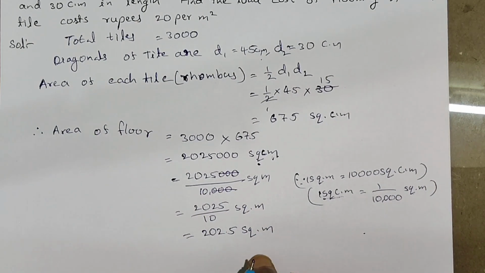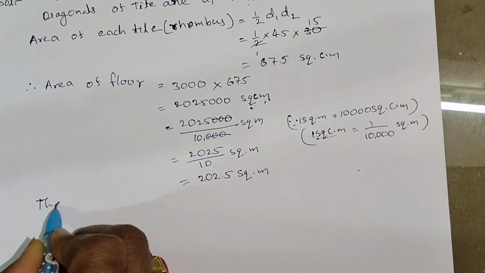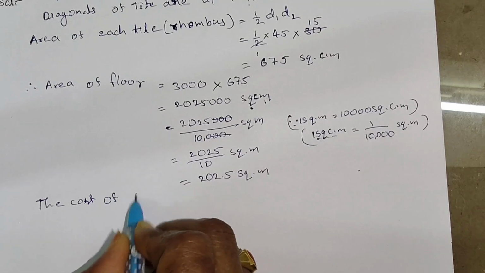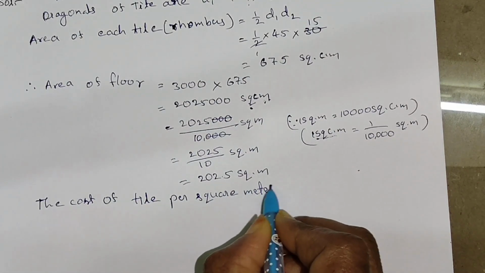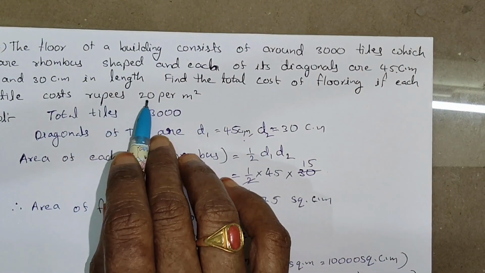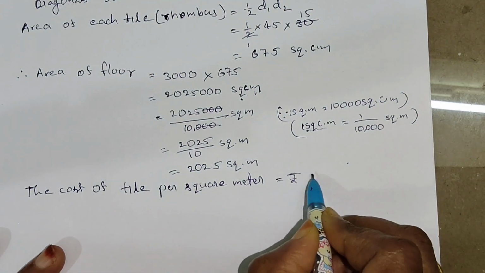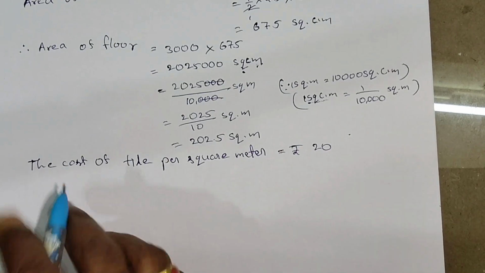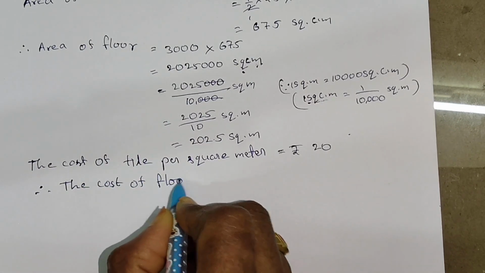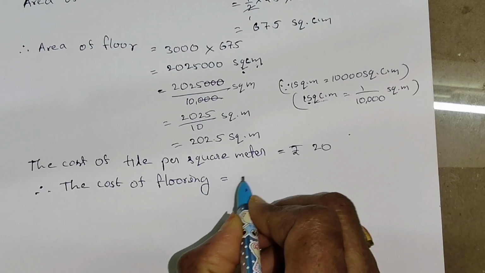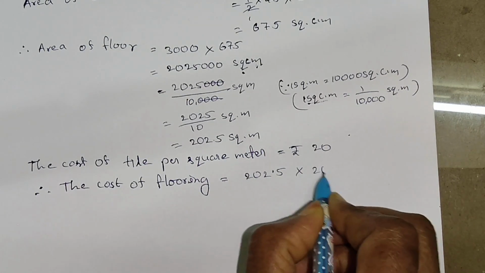So now we calculate the cost. The cost of tile per square meter is 20 rupees per meter square. Therefore the cost of the flooring is equal to 202.5 square meters into 20 rupees.